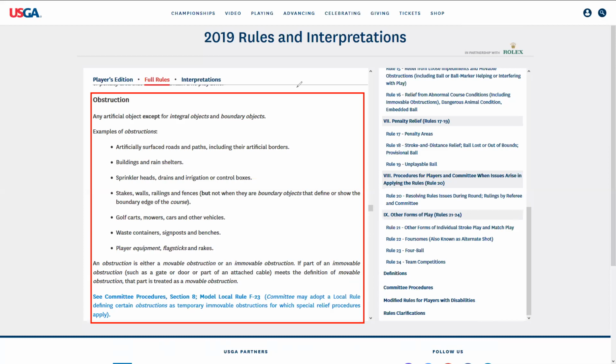So an example would be if you're putting on the 8th hole at Erin Hills, and they have to put paint dots to distinguish where the green starts and where it stops. If your ball is on the paint line, you don't get relief because it's not an obstruction.